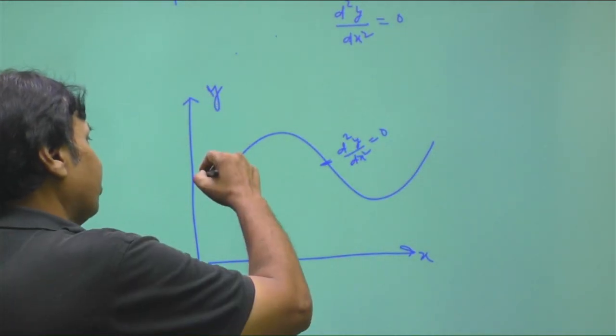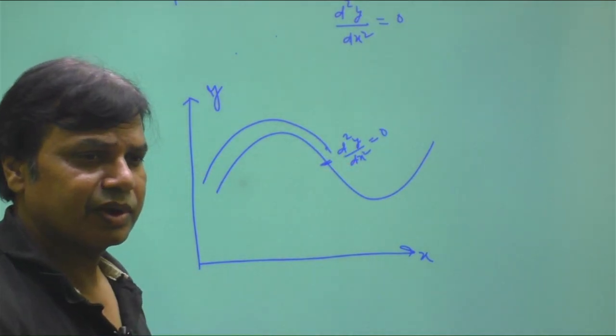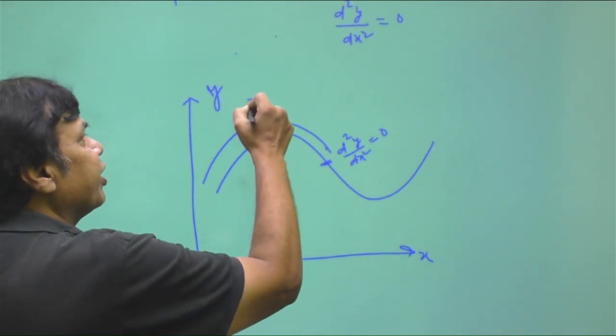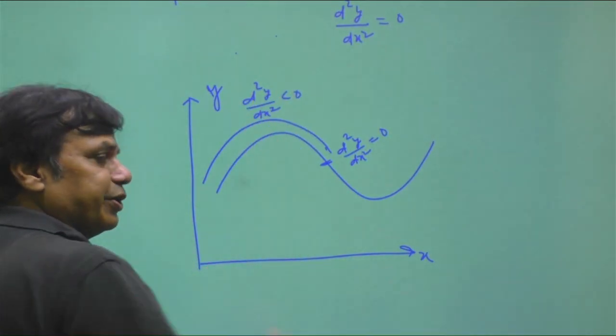And for all of the region from here to here, the second derivative is negative. d2y upon dx square is negative. Why?